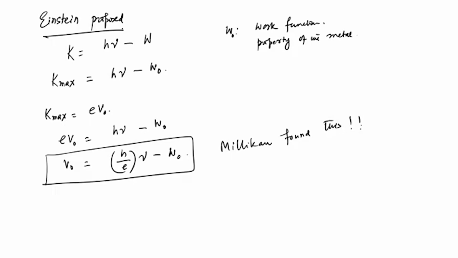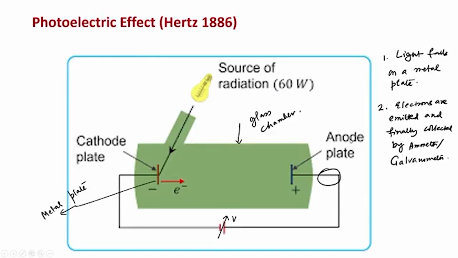Okay. So, once again, this is the experiment that you have, a very simple looking experiment. There is a metal plate which is called a cathode plate, which is full of electrons. There is a source of radiation which is incident on the metal plate, electrons are ejected, electrons go towards the anode, get collected, and there is an ammeter or a galvanometer that is connected, which measures the current.